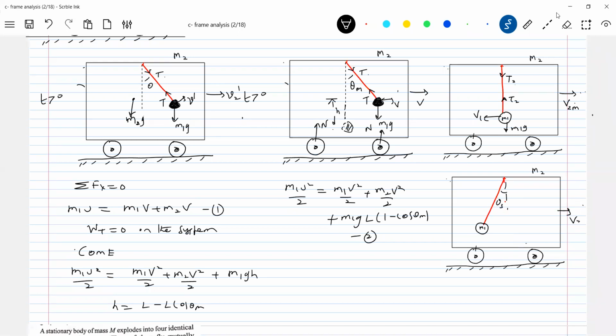Let the velocity of this be v3, and let this be v4. And now how the tension will act, you check it. T3. The component of tension will act opposite to the velocity of the trolley.